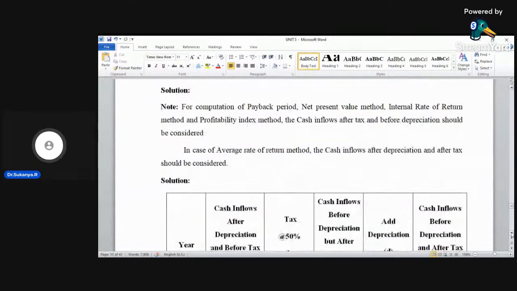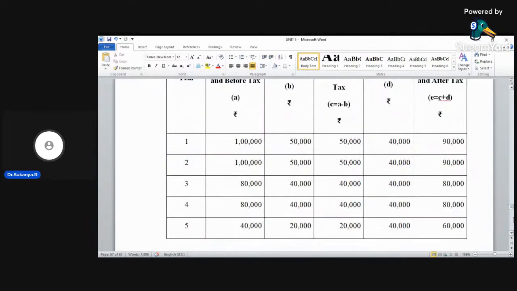Please remember, for computation of payback period, NPV and IRR, you need cash inflow after tax before depreciation. Only for the ARR method, you need after depreciation and after tax.